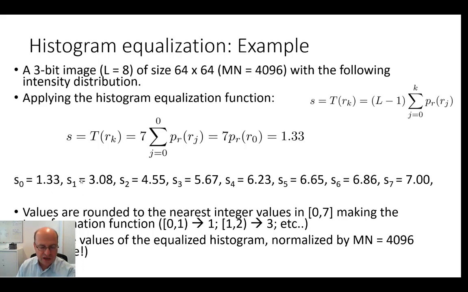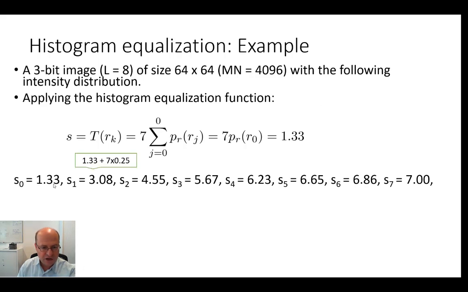Now for the second value, that's 7 times 0.19. For the second value, I'm going to sum the previous value, that's accumulative, right? I'm accumulating values of pixels: 1.33 plus 7 times the number of pixels with intensity 1.